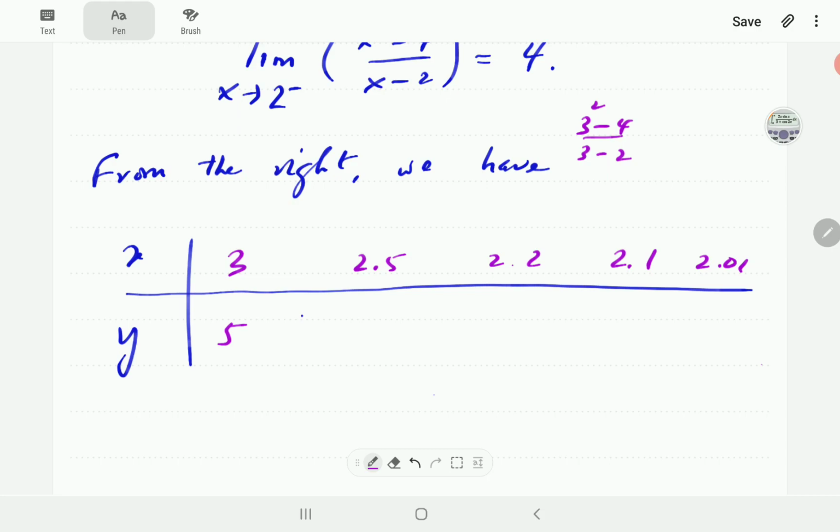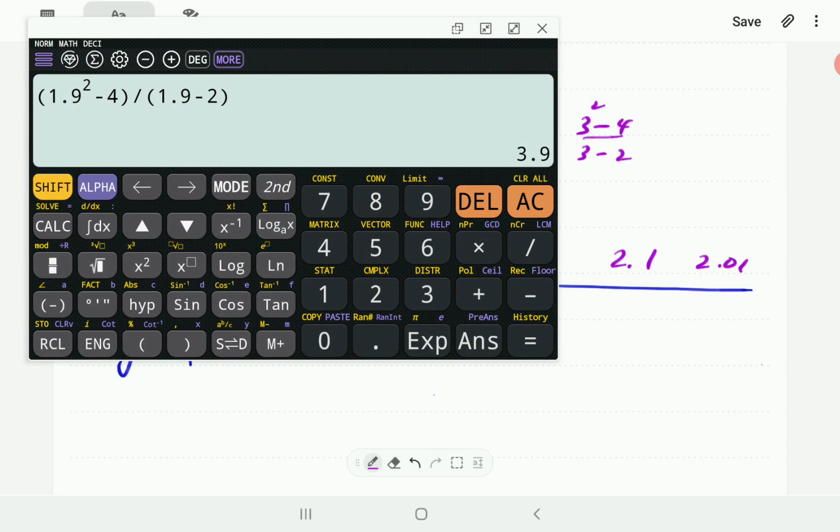So this is going to work out to 5. Then we go to 2.5, so I'm just going to replace that by 2.5 here and 2.5 there.